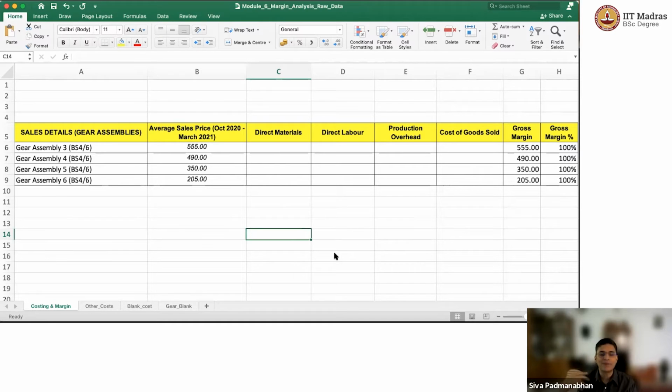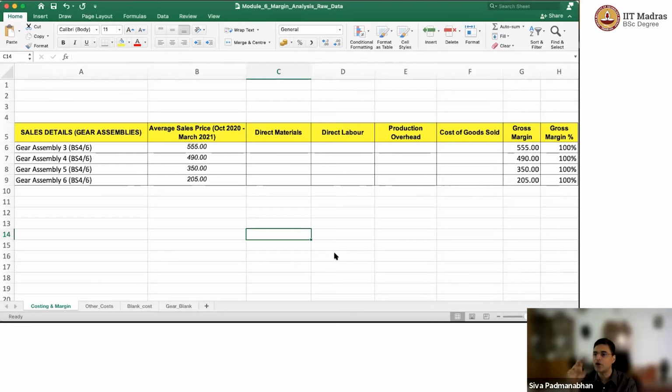We know that gear assembly 3 requires gears 3A and 3B, and gears 3A requires a certain type of blank, and 3B requires a certain type of blank. So the direct materials are the cost of the material that's actually used in producing that particular gear. That will be the sum of the cost of the blank used for 3A plus the cost of the blank used for 3B, which forms the direct material cost of that gear.